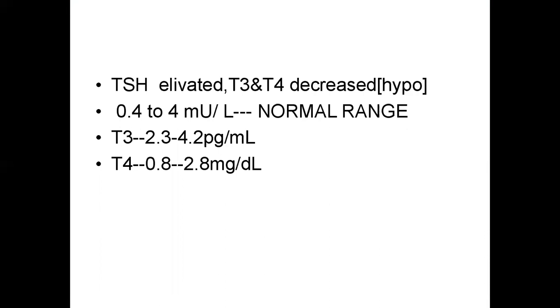The normal range of TSH is 0.4 to 4 milli units per liter. Normal T3 levels are 2.3 to 4.2 picograms per milliliter. T4 levels are 0.8 to 2.8 milligrams per deciliter.